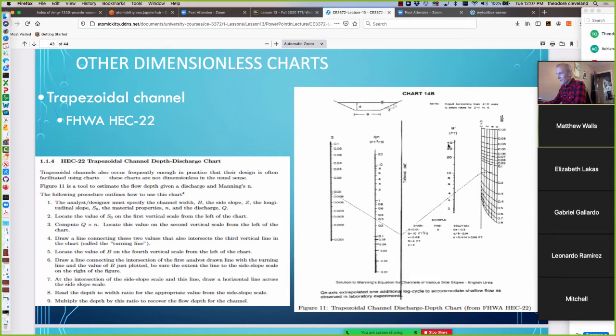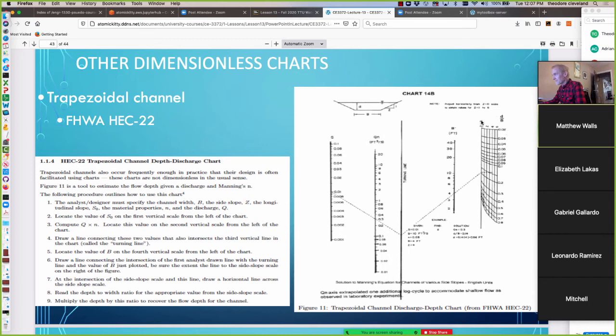Then we would locate the value of bottom width on this scale, and we would join the turning line intersection to bottom width with a straight line, and it hits this portion of the chart, which is the ratio of depth to bottom width for different side slopes.